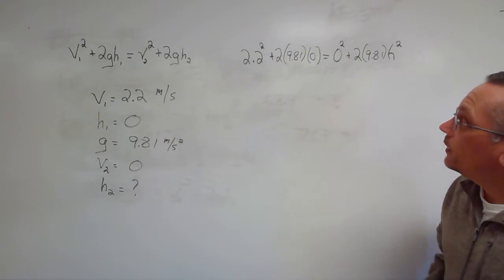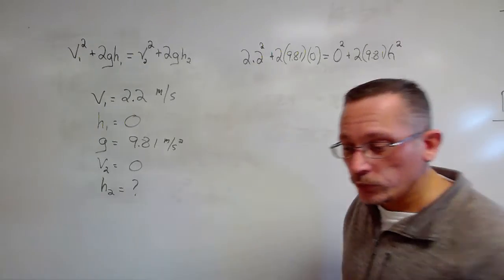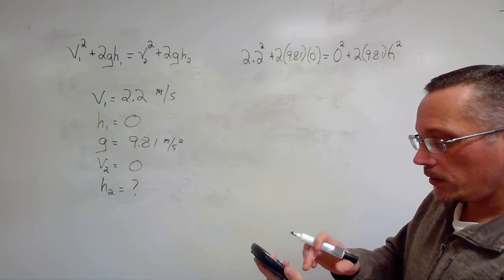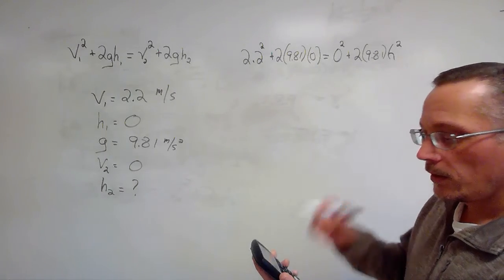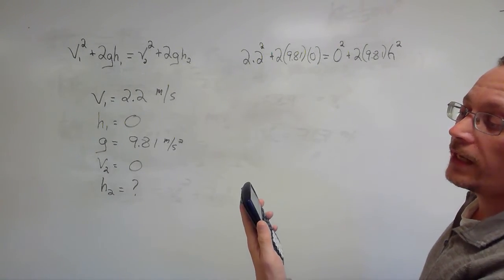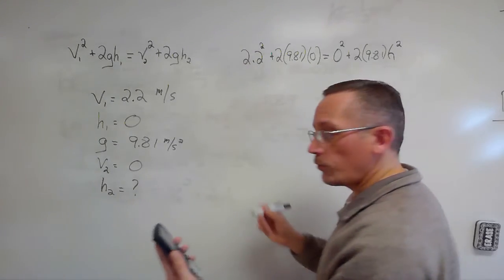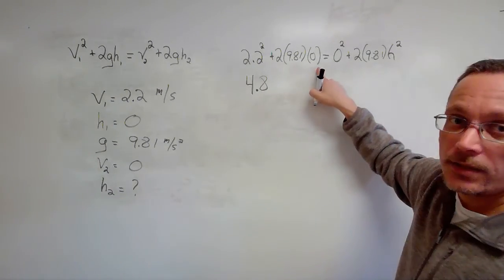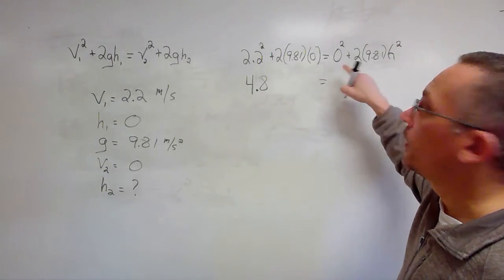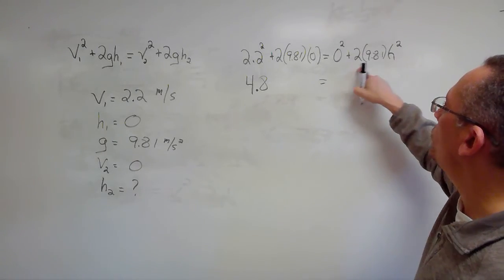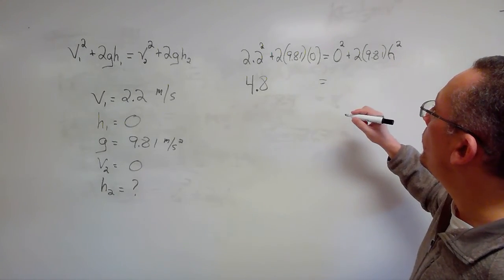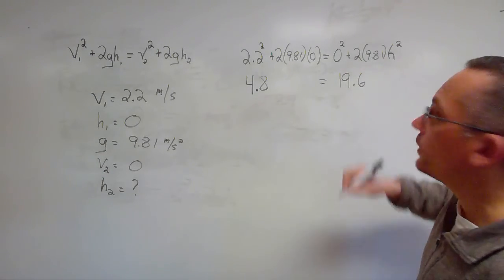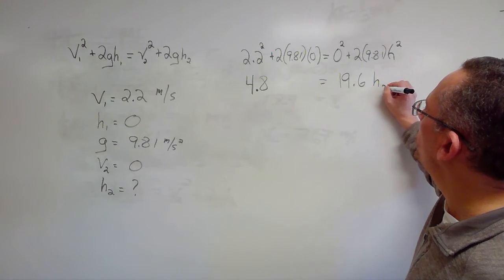Now, let's simplify a little bit. We've got 2.2 squared. I'm going to grab my calculator here. 2.2 squared is 4.84. It's only 2 significant figures though, so I'm going to put 4.8. All that junk is 0. And then 2 times 9.81 is 19.6, 3 significant figures, times h.